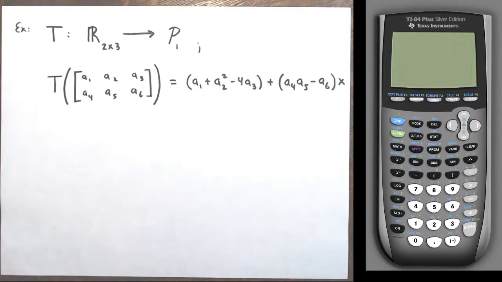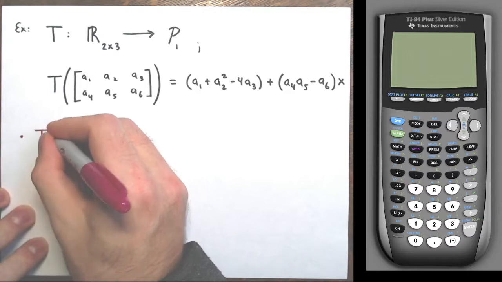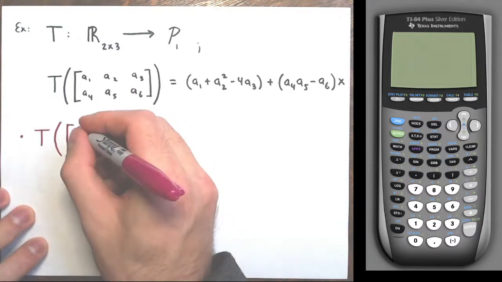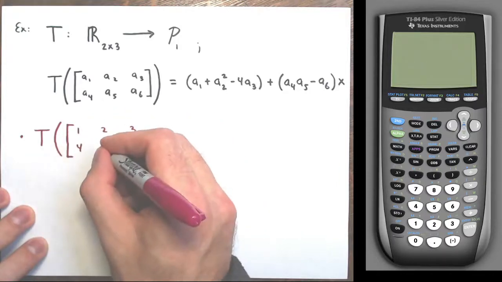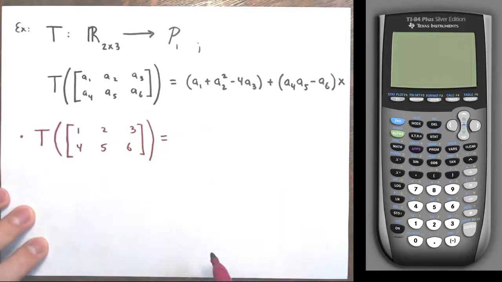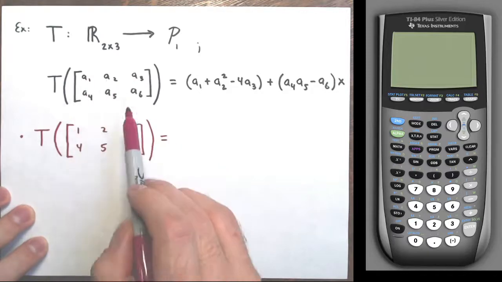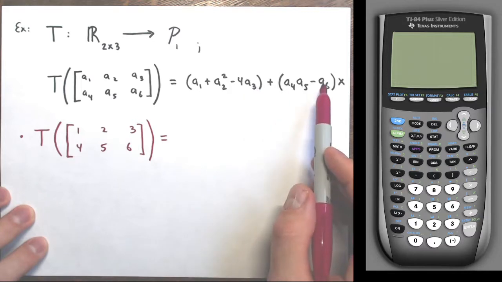So let's pay attention here and find some images. Let's evaluate this rule at different inputs. So what's T of, and I'll just pick a 2 by 3 matrix with real numbers in it. How about just 1, 2, 3, 4, 5, 6? Why not? Just make up whatever you want. According to this, I'm just replacing A1 with 1, A2 with 2, A3 with 3, A4 with 4, A5 with 5, and A6 with 6 for the output.